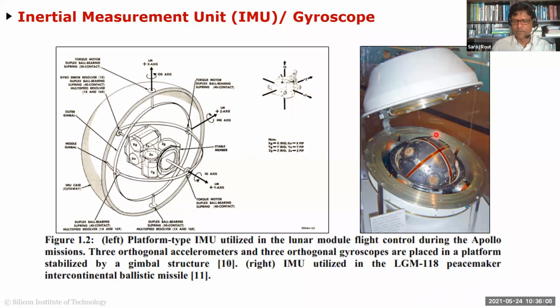This is what went into the lunar module for the first moon landing in, I think, 1969, Apollo 11. It was for navigation, right? When they were landing, they wanted to know how far they were from the surface of the moon. So that's what they used. This entire gigantic device is right now a chip.